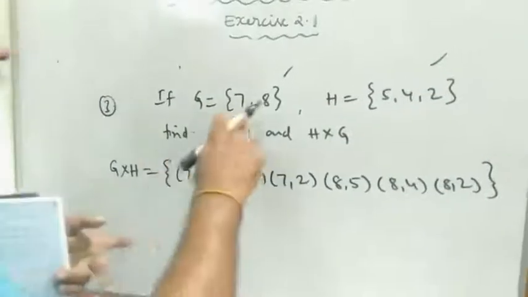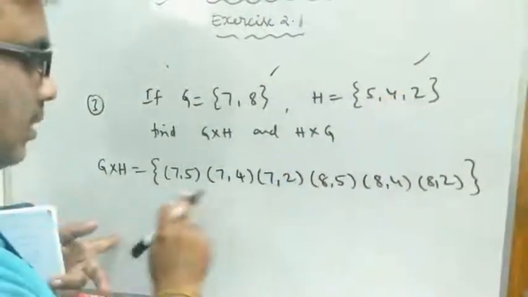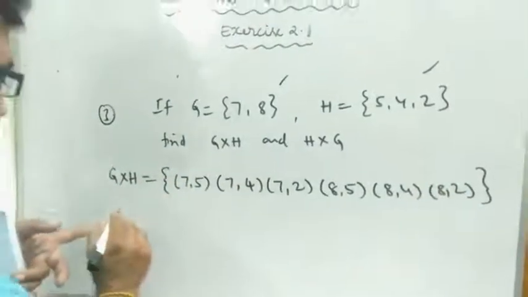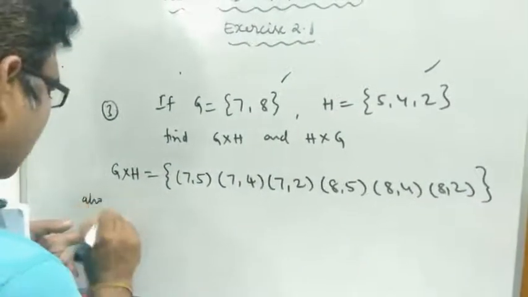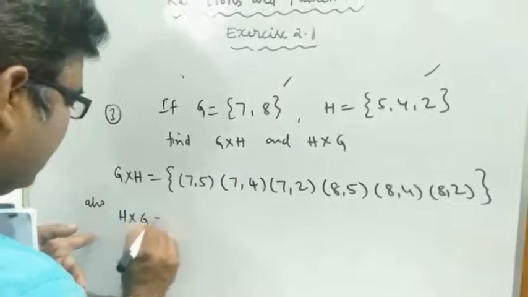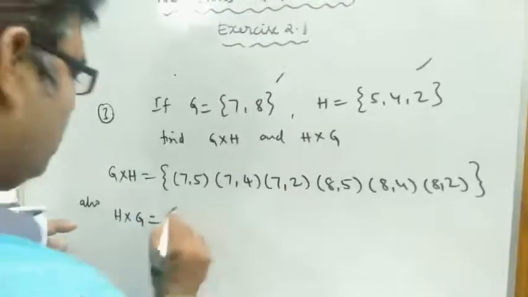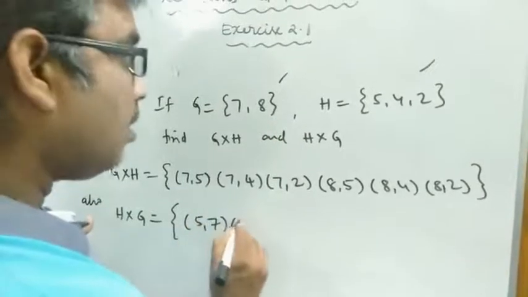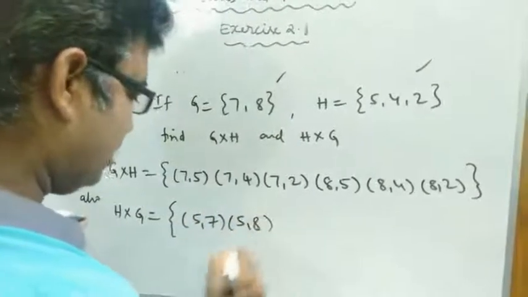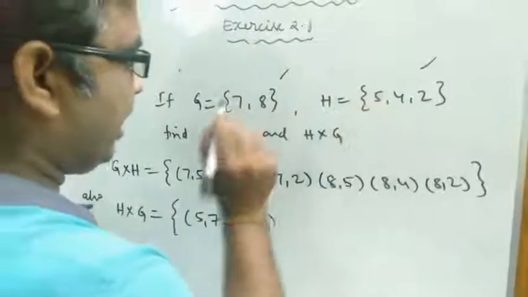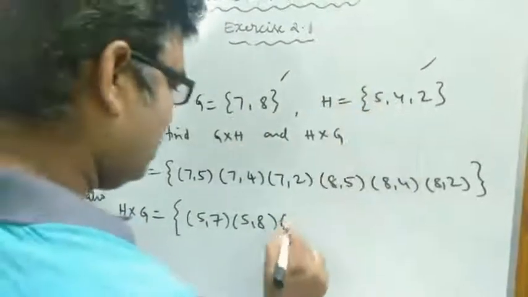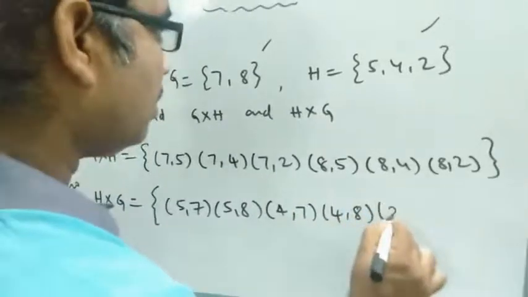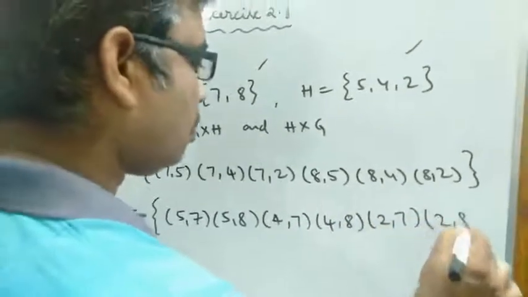Here 2 elements, here 3 elements, 2 threes are 6, as per the previous problem. Similarly, H cross G: first write the H element, starting with H. That is (5, 7), (5, 8), next (4, 7), (4, 8), (2, 7), (2, 8).